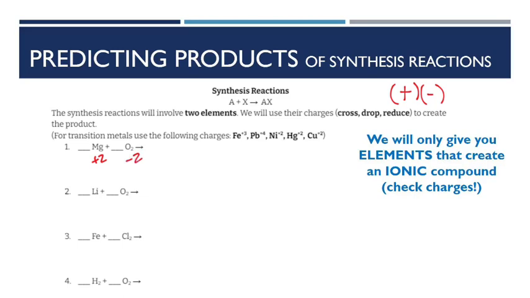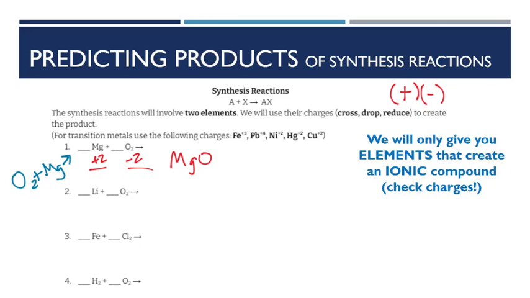So when we put them together to make this product, that's just going to be MgO, because that +2 and -2 cancel out. If somehow, or for whatever reason, we had told you that that was oxygen plus magnesium, then you'd still need to write the final product as MgO, not OMG. Ionic compounds are always positively charged thing, then negatively charged thing.